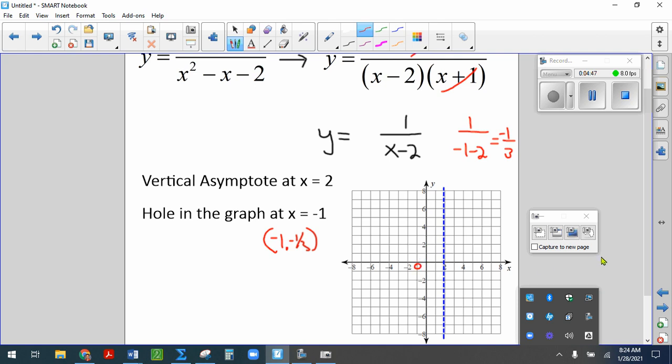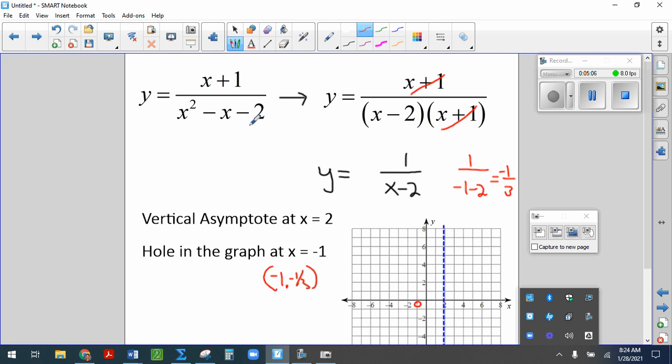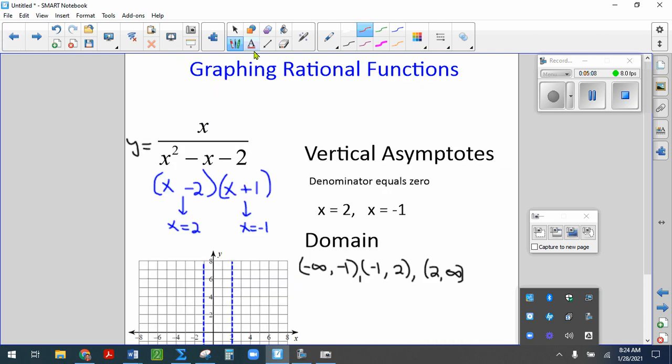And so as this graph is graphed, there's going to be a hole there. So it's basically a discontinuity. You draw the curve, but you put this hole on your curve to show that at this one point, it is still a domain issue. The domain of this function is the same as the domain of the previous function.